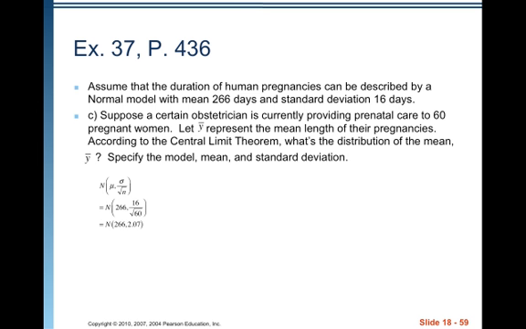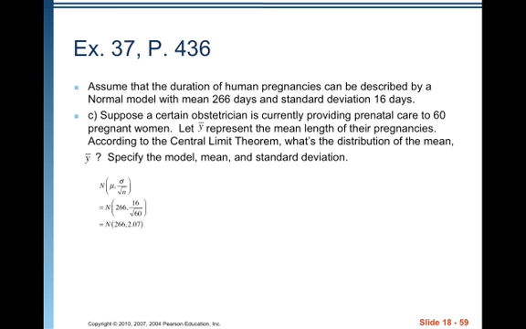Okay, so we are no longer talking about individual pregnancies. We're talking about sample means. So we're talking about the sampling distribution of sample means when n equals 60, because this doctor is seeing 60 pregnant women, and we're talking about the mean length of all 60 women's pregnancies.